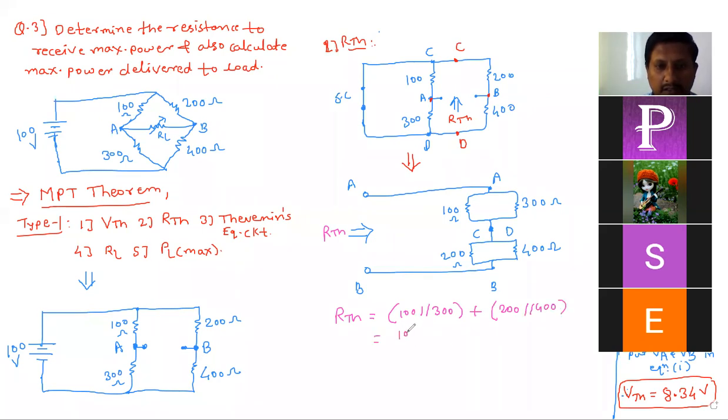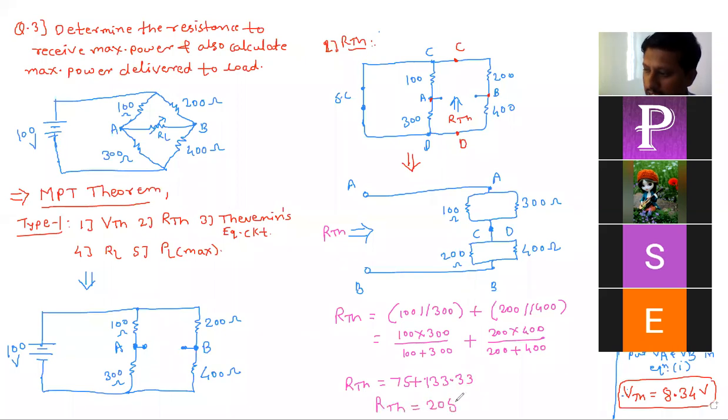So you can do the calculation: 100 into 300 divided by 100 plus 300, plus 200 into 400 divided by 200 plus 400. So RTH is equal to, as a calculation, what will it be? 75 plus 133.33. So total RTH we can get as 208.33 ohm.